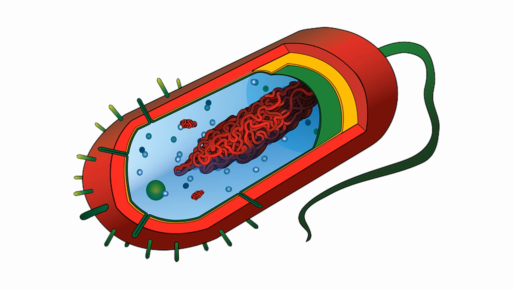Some have shorter projections or a singular short projection called a pilus, which is involved in the transmission of plasmids and disease resistance from one bacterium to another.